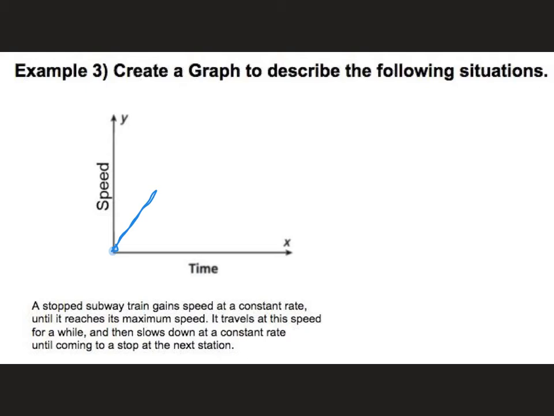Constant means it's going to be that straight line there. It reaches its maximum speed, and then it travels at this speed for a while. So now we're going to stay at the same speed for a while. Then it's going to slow down at a constant rate, so another straight line until it comes to a stop at the next station. So our graph should look something along these lines here.